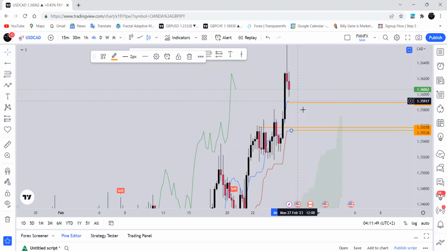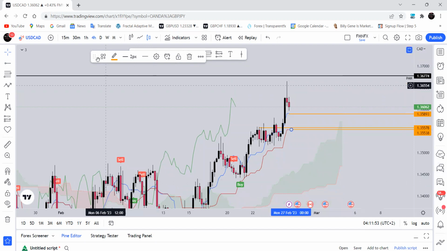To pop down and come up, obviously this is 4 hours. If you do violate these lows, then you just lost, because that would be a lower low. So your stop loss will be here. It'll be perfect.